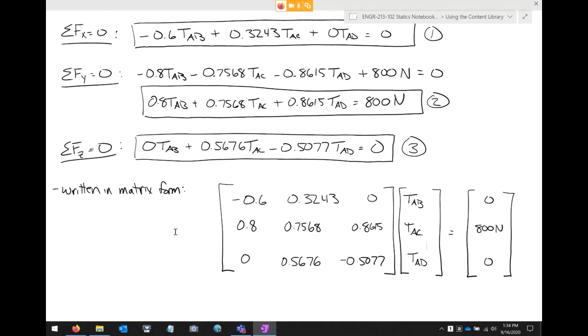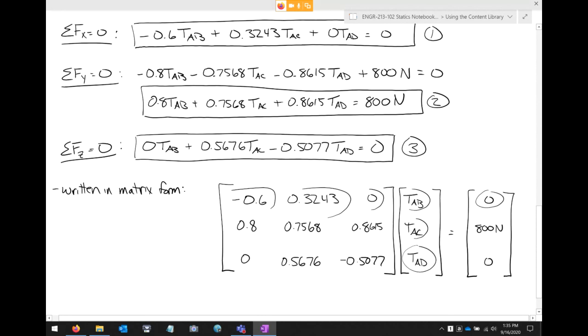So it's not really a matter of how I decided. The cables were called AB, AC, and AD, so I just wrote them in that order, alphabetically. Now remember, it might have been a while since you did matrix multiplication, but the way this is written, you take this times this plus this times that plus that times that equals that.